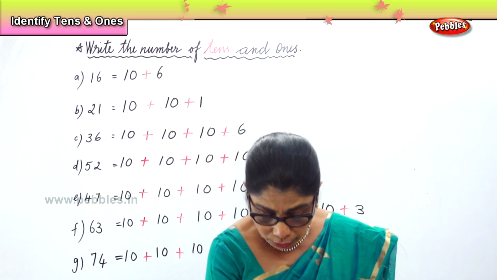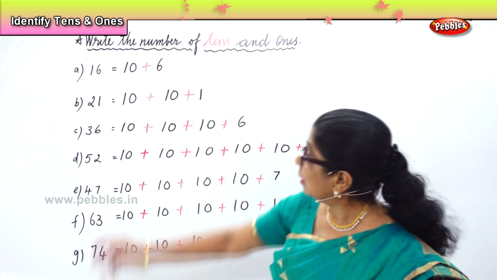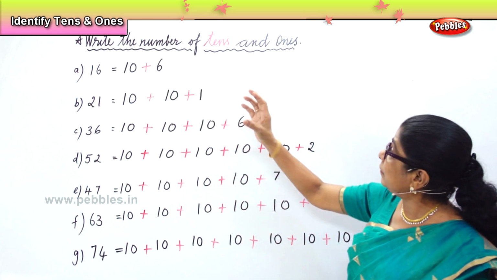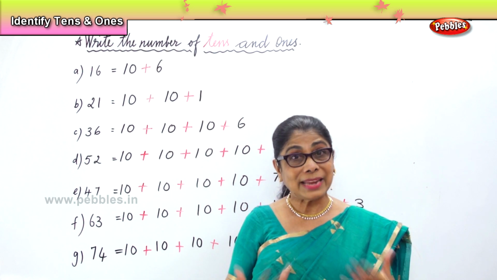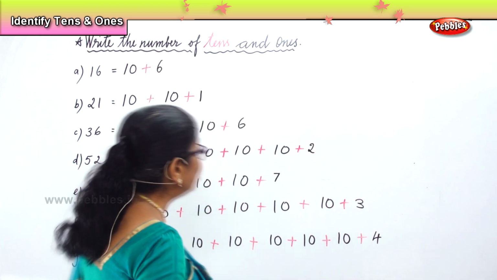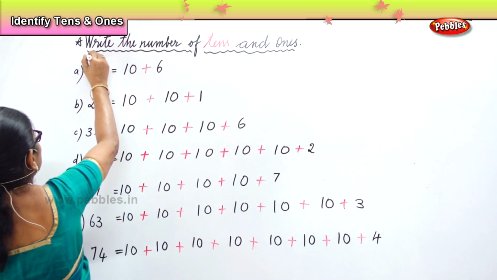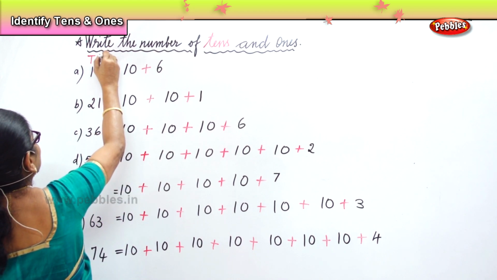Now let's look at what we are doing now. We are writing the number of tens and ones in these. Number of tens, number of ones in the numerals given. So first you have the tens and then you have the ones.